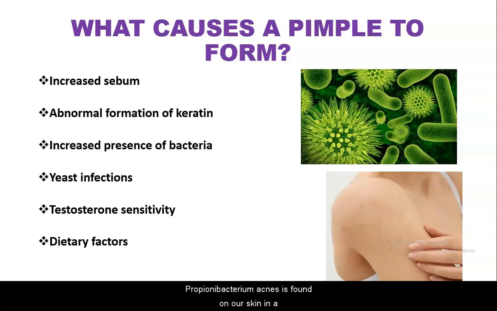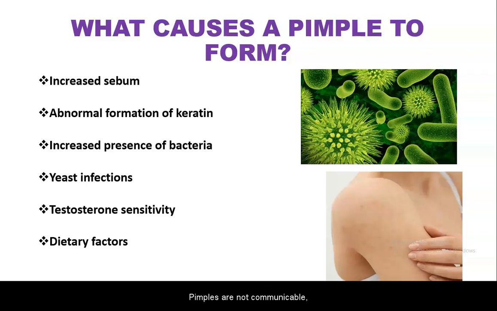This P. acnes is found on our skin in a harmless state, but when it meets the right conditions, it can multiply quickly and become a problem. This slow-growing bacteria feeds on sebum and creates an immune response-inducing chemical. So inflammation and patches appear on the skin as a result of this.